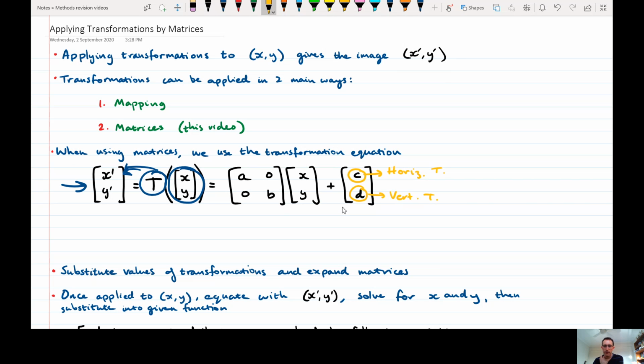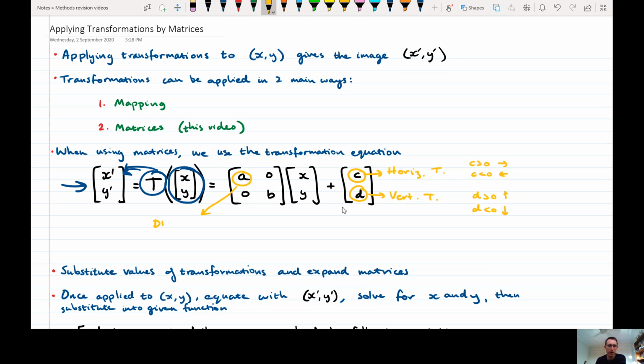If C is positive, you're going to the right. If C is negative, you're going to the left. If D is positive, you're going up. If D is negative, you're going down. Now the other ones: A, when I multiply this out, it'll be A times X. So the A value is affecting your X value.